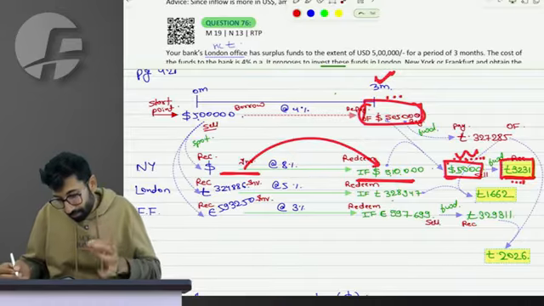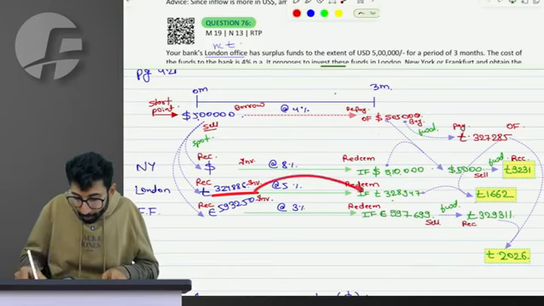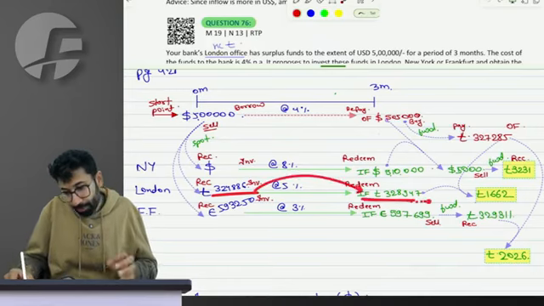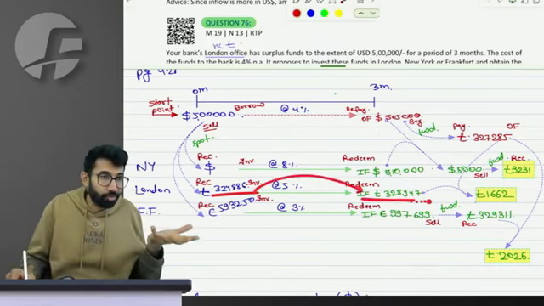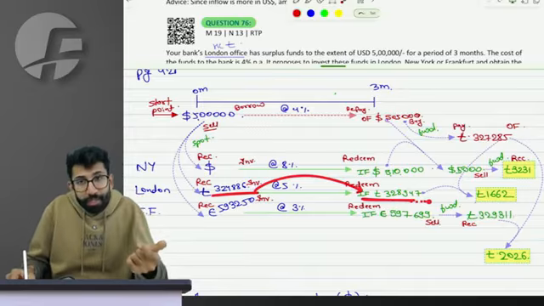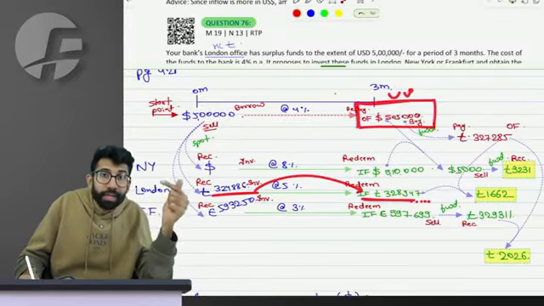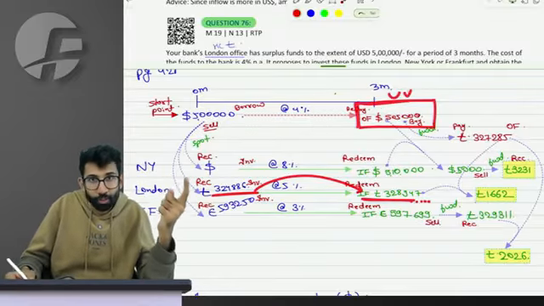Similarly, when I invested in pound, my final inflow of redemption is also in pound, which means these many pounds are available to me. But I have to find out the net gain. Now understand what we're going to do. Sir, we know that I have to make an outflow of 5 lakh 5,000.